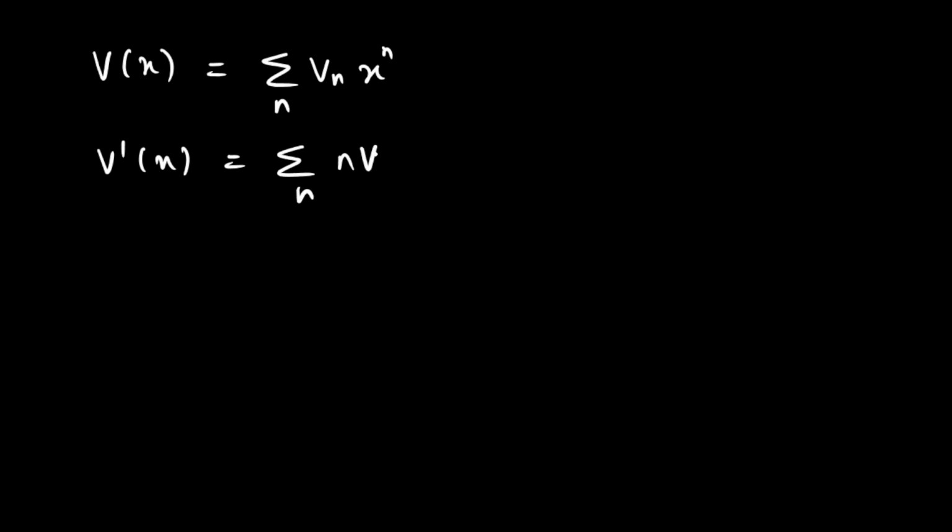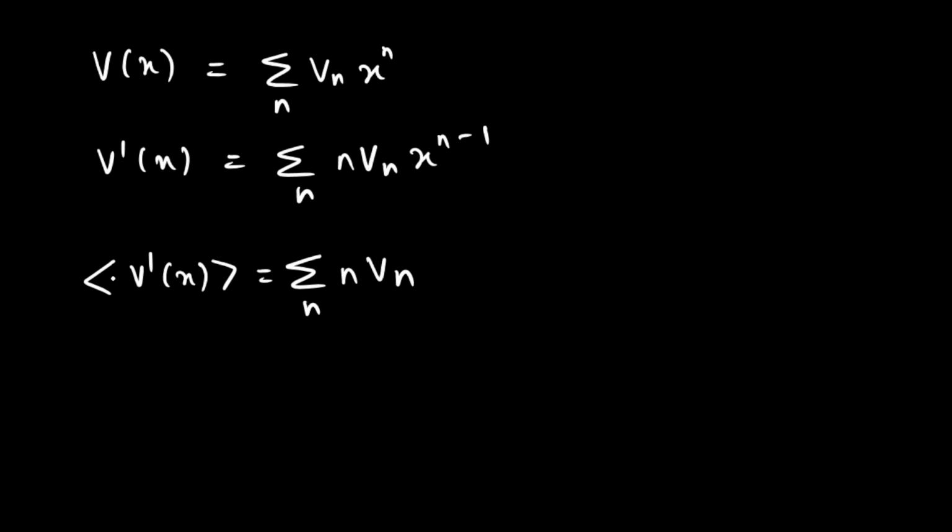Let's expand the scalar potential V of x in its power series, which will be given as summation over n of V_n x raised to n, and its gradient, that is V dash of x, in its power series would be given as summation over n of n V_n x raised to n minus 1. Similarly, the expectation value of V dash of x can be expanded in its power series as summation over n of n V_n, since we are calculating the expectation value, of x cap raised to n minus 1's expectation value.